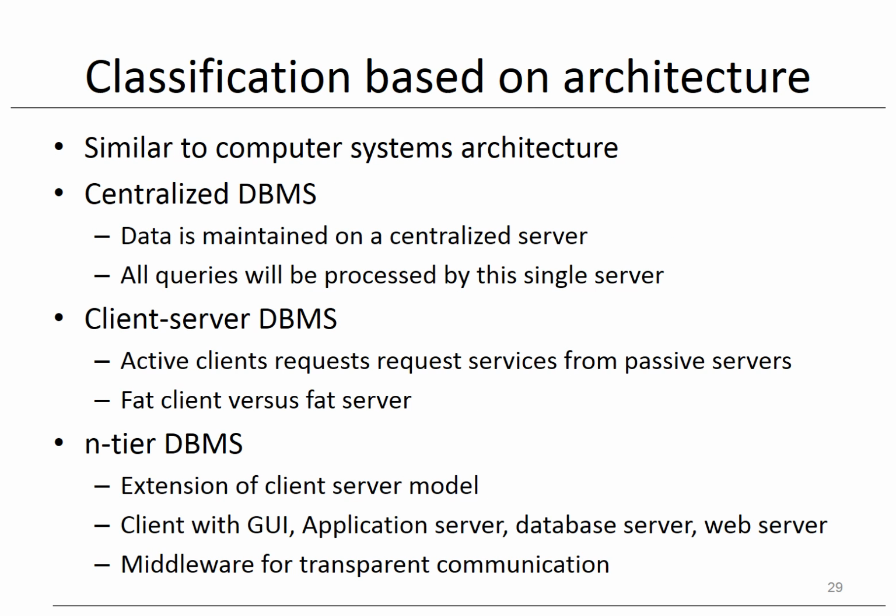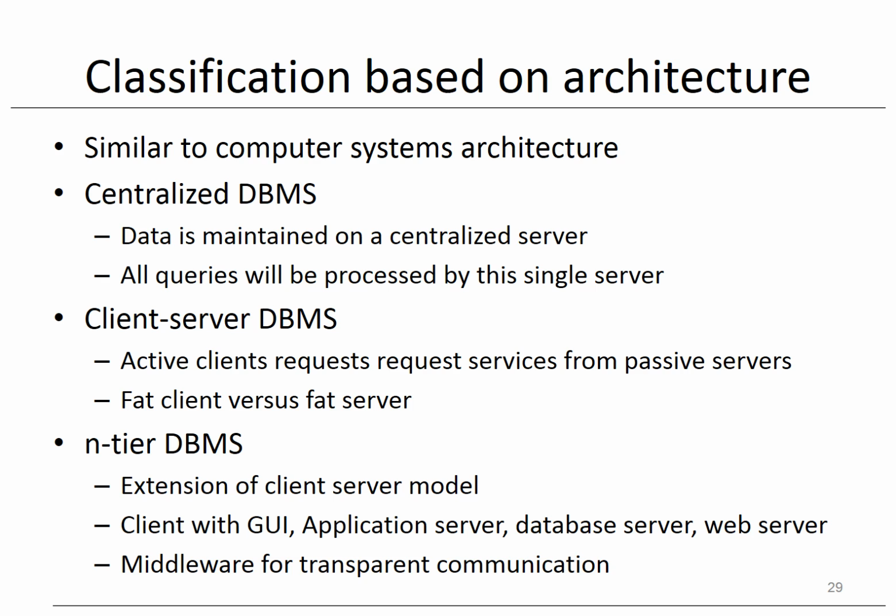The architectural development of DBMSs is quite similar to that of computer systems in general. In a centralized DBMS architecture, the data is maintained on a centralized server. All queries will then have to be processed by this single server. In a client-server DBMS architecture, active clients will request services from passive servers. A fat client variant stores more processing functionality on the client, whereas a fat server variant puts more on the server.